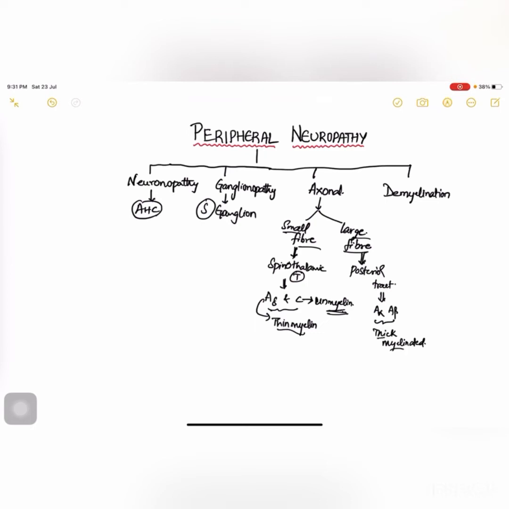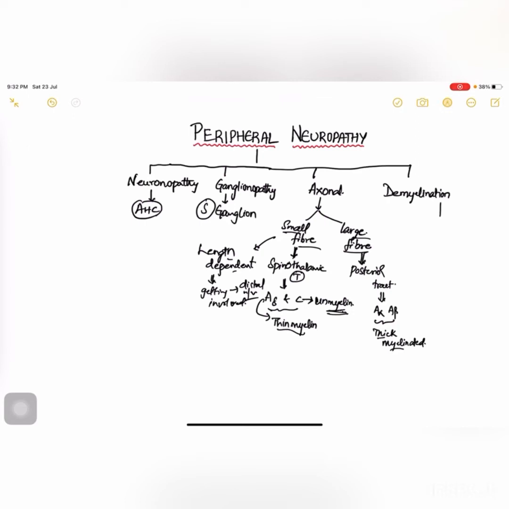Small fiber neuropathies are length dependent, which means the distal parts of the nerves, such as the nerves innervating the feet, the distal nerve endings, get involved.